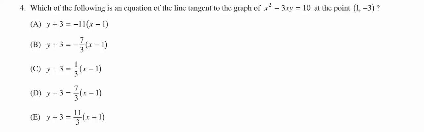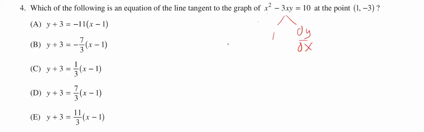Or I like the idea for a review of practicing our implicit differentiation. So we're going to do the product rule on this 3xy. Derivative of x is 1. The derivative of y is that dy dx. I think this is a good implicit review problem.